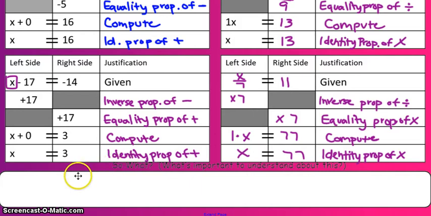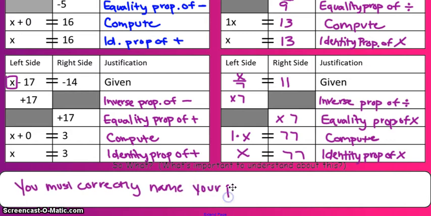So what's important to understand is you must correctly name your properties. Alright? Then you need to take the quiz.